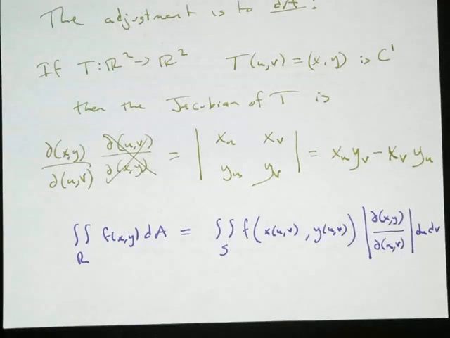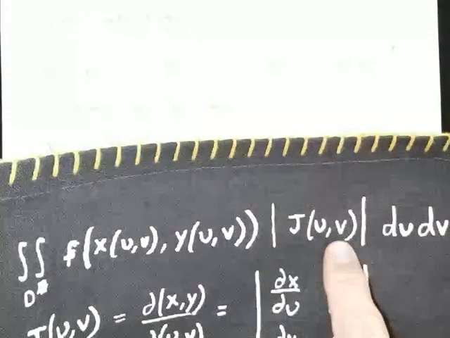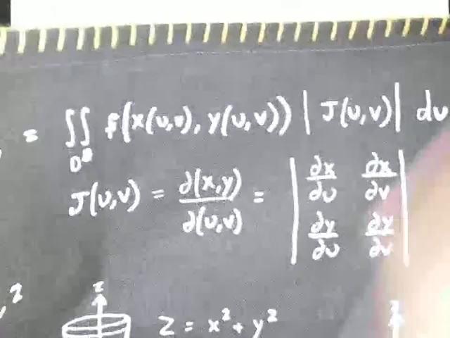Ladies and gentlemen, a couple years ago, I had a couple of students graduate after taking this class, and they bought me this flag. Isn't it pretty? I would like to point out the very top line of this flag is exactly the theorem we just wrote down. Only they use this symbol for the Jacobian.